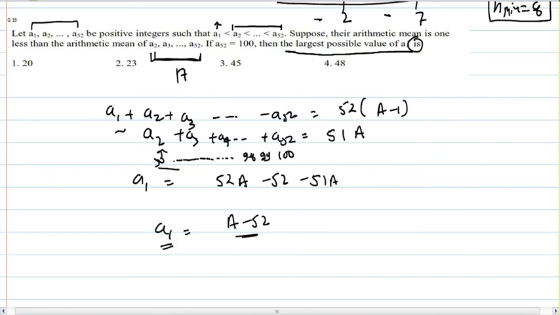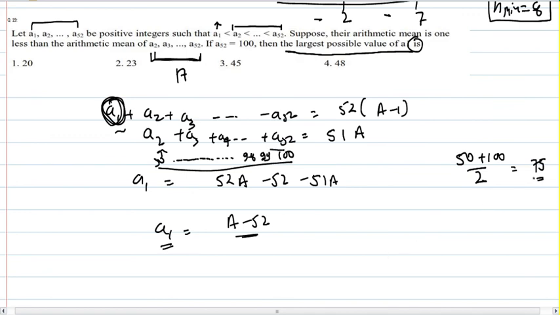So what is the average of these numbers? First number plus last number by 2. That is 75. To maximize a1, these numbers should be closest possible.